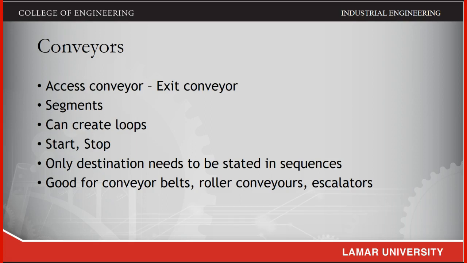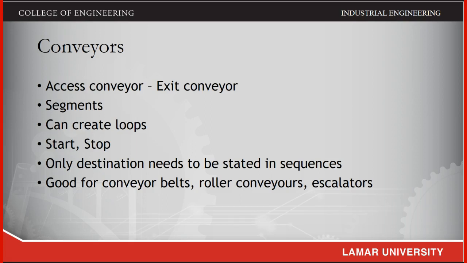And to access the conveyor, the space is divided in subsegments, and that particular step must be free in order for us to access. So when we say access, it is actually a request for an empty space inside the conveyor in order for the entity to be traveling on top of the conveyor.